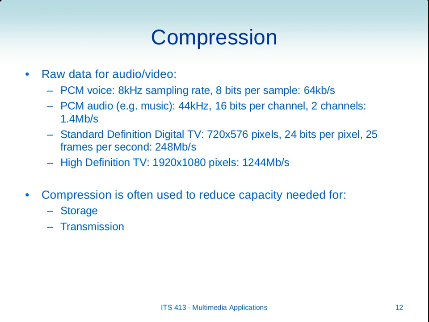But those values are for the raw data without compression. In practice, we compress that data. Why? Compression reduces the capacity needed for storage. You want to store a lot of music on your hard drive, do not store it as CD quality at 1.5 megabits per second.